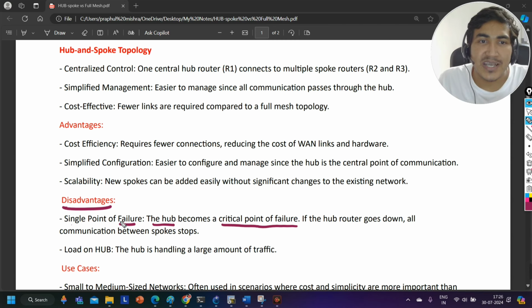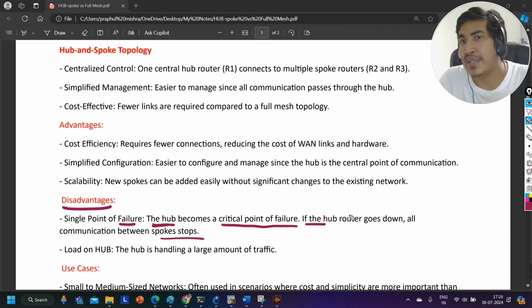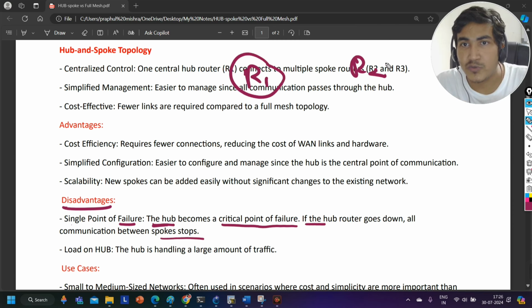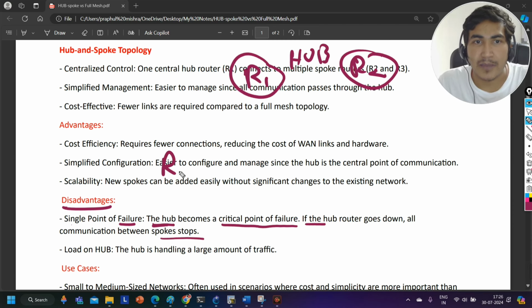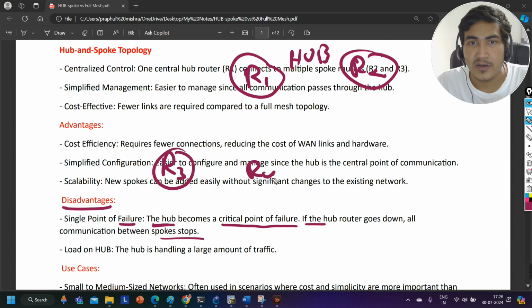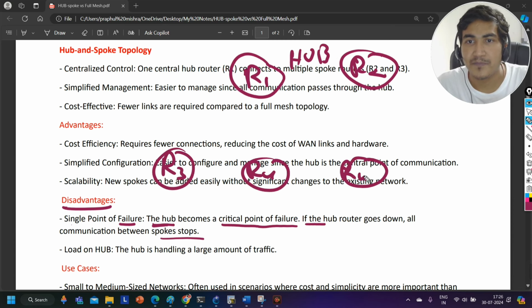If the hub router goes down, all communication between spokes stops. We have another option, we can add more hub routers, right? Like R1, R2. Let's say these two are hub routers. And guys, now here I have branch offices, router 3, router 4, router 5, router 6.